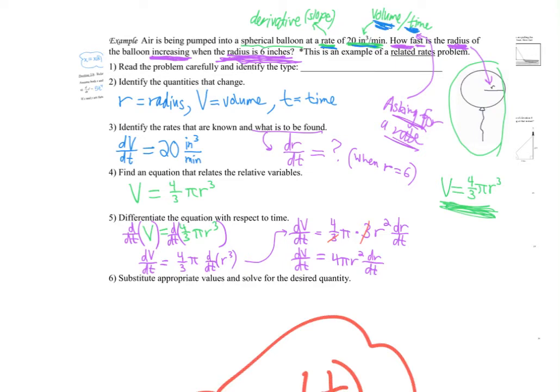It says substitute appropriate values and solve for the desired quantity. The desired quantity means the thing that is to be found, or what the problem asks for. The problem asks for dr/dt, which means in this equation, the only quantity we shouldn't know is dr/dt.